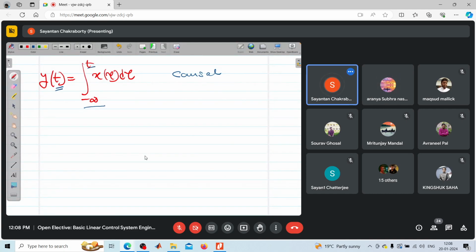There's the instant of time at which you're interested in the output, and the input considered here is from minus infinity to t, that is, the present input and all the past inputs only. So it's a causal system, right? There's no need for any future input. Just think about the inputs that you require, not any other property.